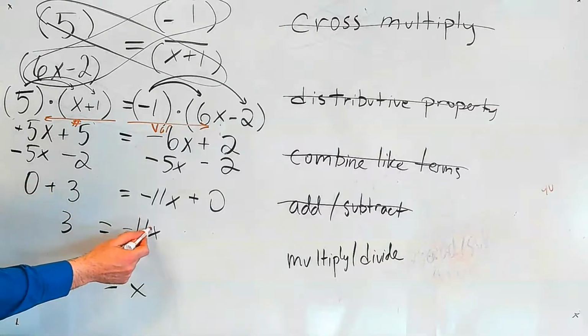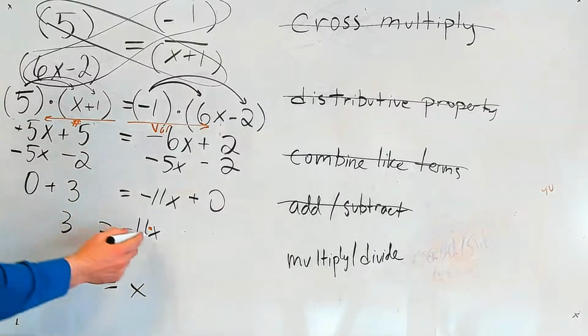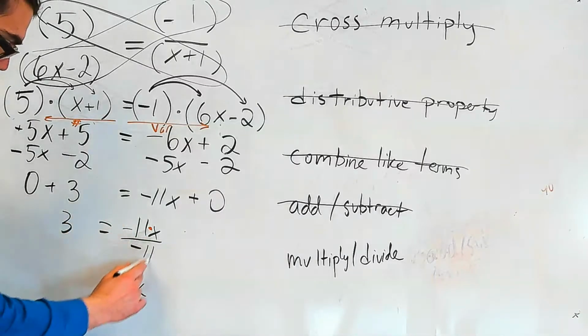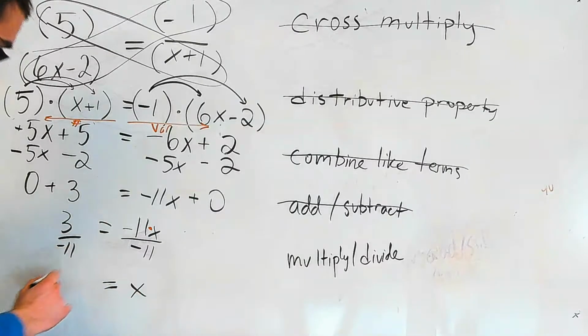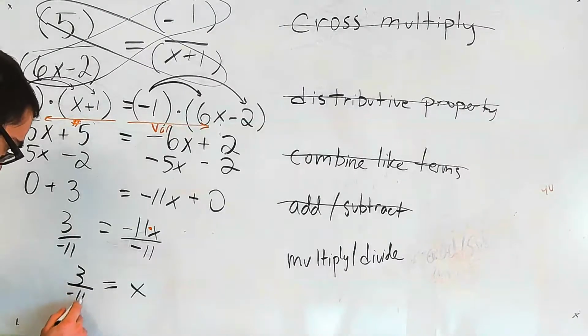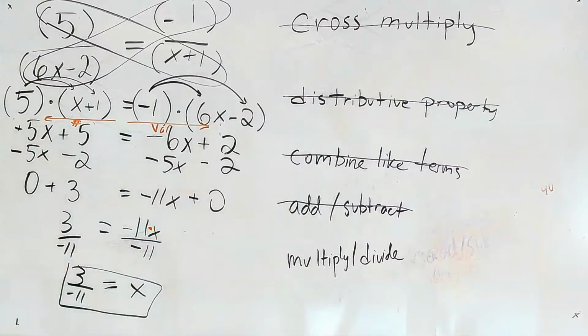In this case, we see there is a clear multiplication going on there. So we're going to do the opposite of multiplication. Opposite of multiplying by negative 11 is dividing by negative 11. So we divide both sides by negative 11, and we get 3 over negative 11. That's our final answer. We're done.